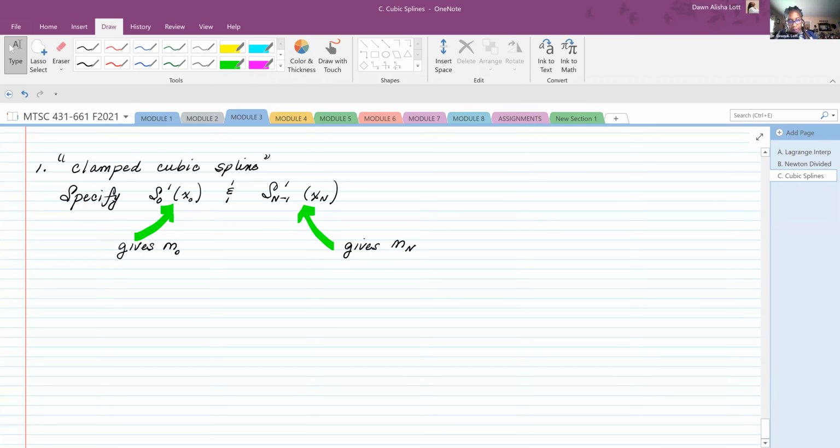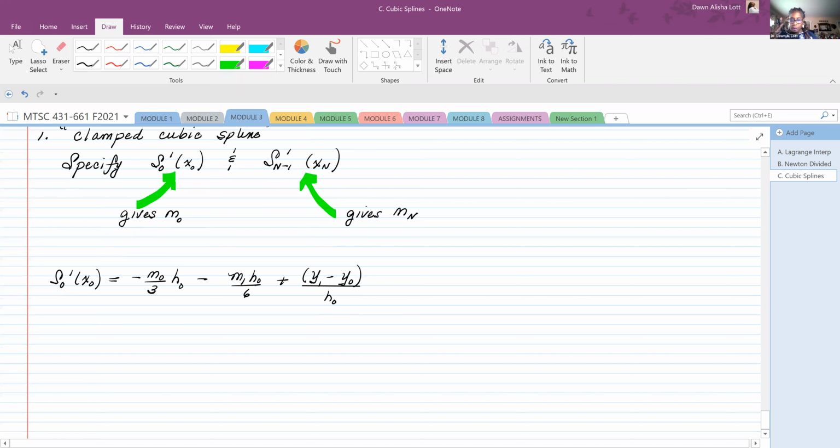So now we had S0 prime at X0 is going to be minus M0 H0 over 3 minus M1 H0 over 6 plus Y1 minus Y0 all over H0.